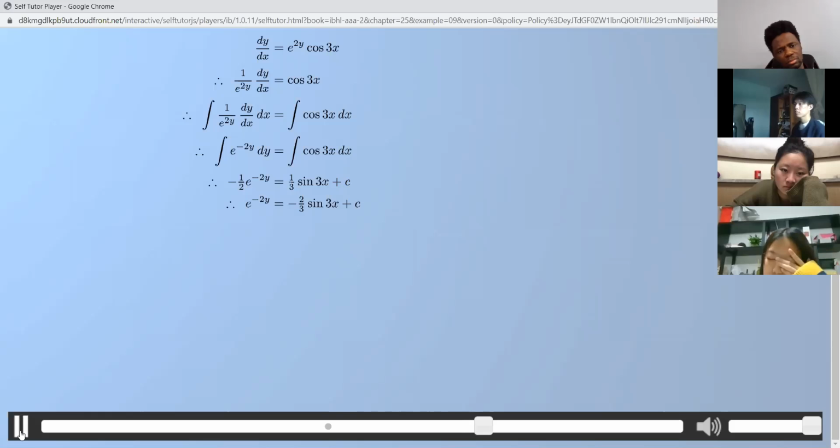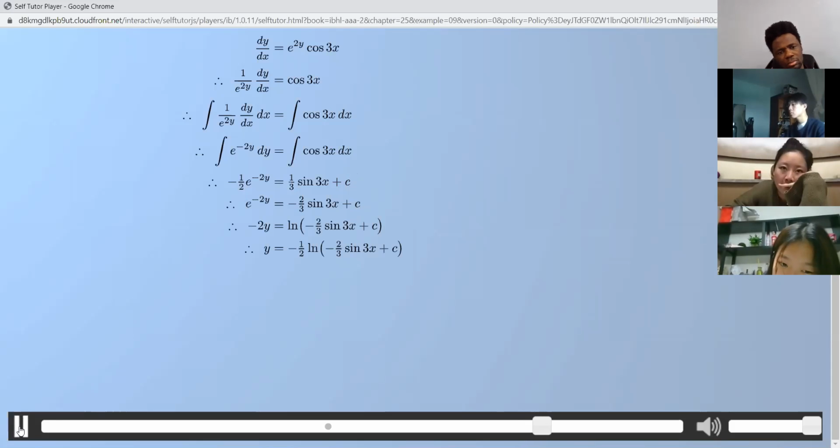The constant of integration can just be left as c. I hope you understand that, because it is a constant here. Even when you multiply by 2, it's still a constant, so we still call it c. You can use small c or capital C, it doesn't matter, just leave it as c. We then take the natural logarithm of both sides, then divide both sides by -2.